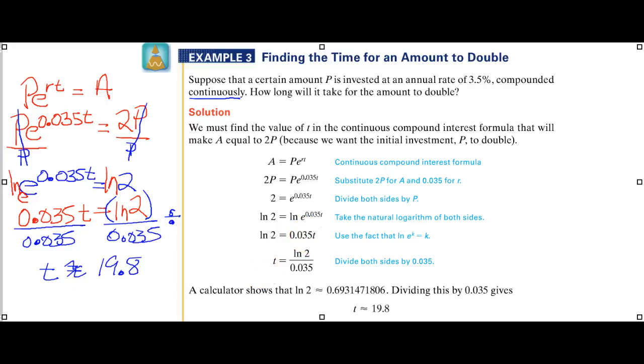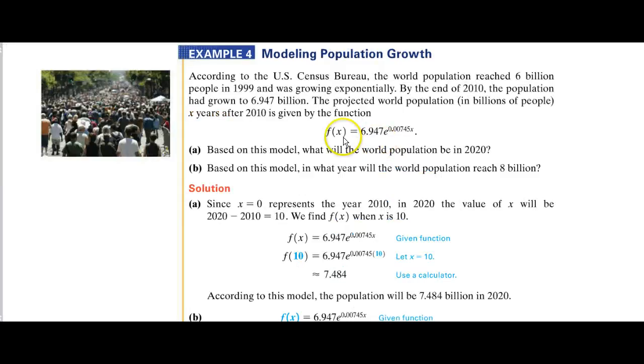Okay, let's go on. Here's another application where world population reached 6 billion in 1999 and has grown to almost 7 billion by 2010. Based on this model, what will the world's population be in 2020?